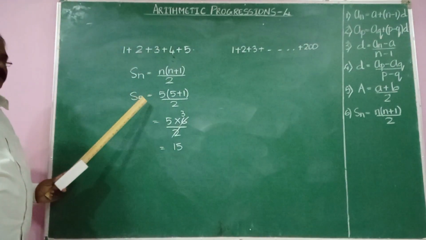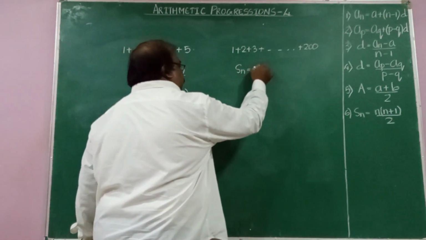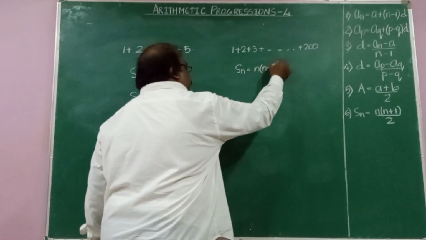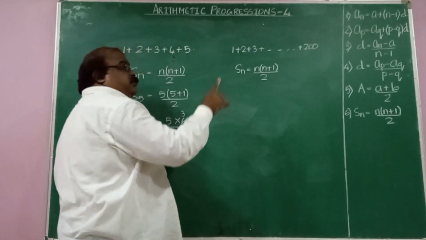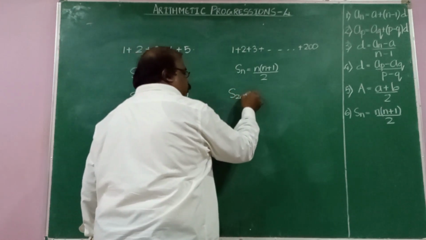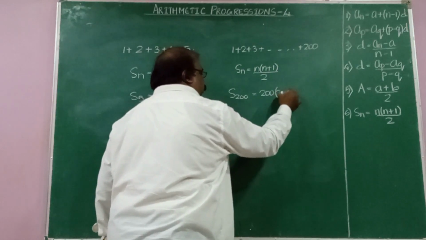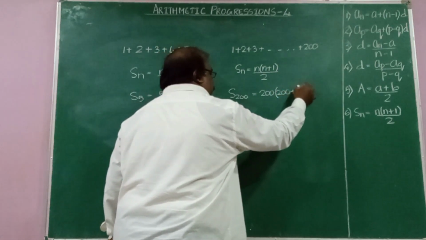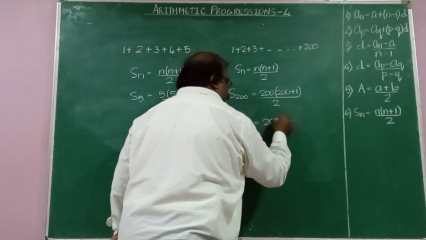Once again I am going to use the same formula. What is that? Sn is equal to n into bracket n plus 1 upon 2. Here I asked you to find the sum of the first 200 numbers. So S200 is equal to 200 into 200 plus 1 upon 2.